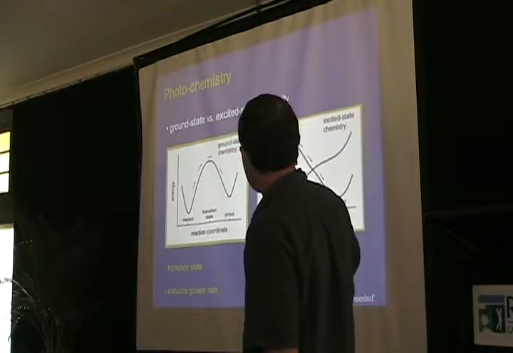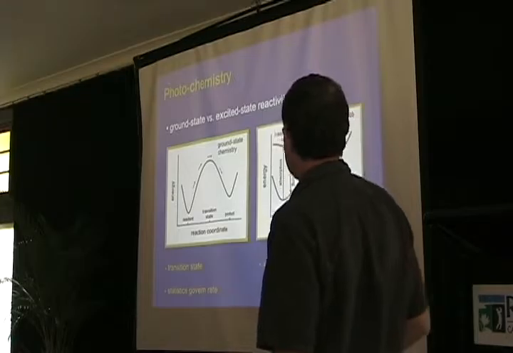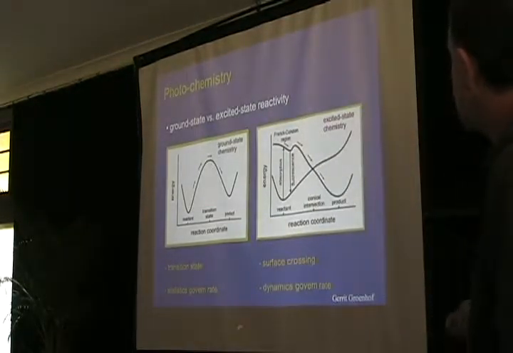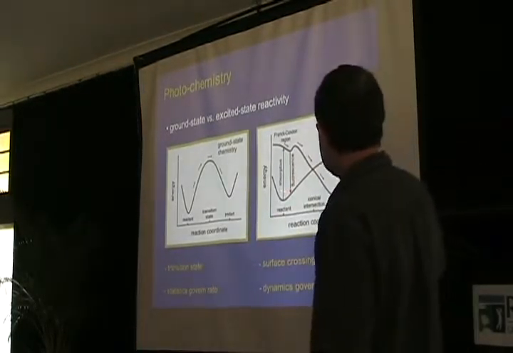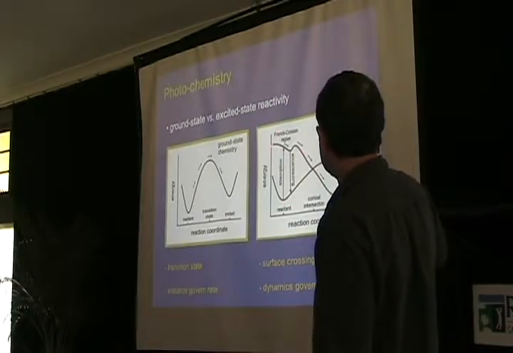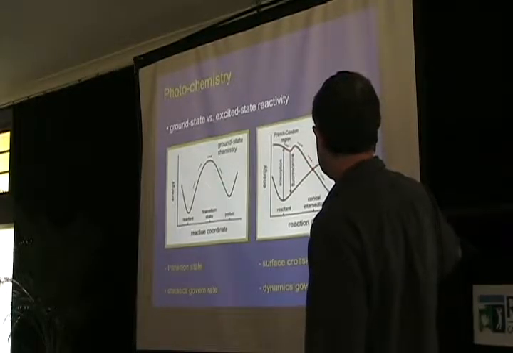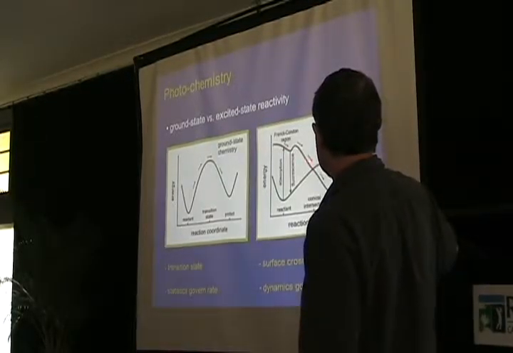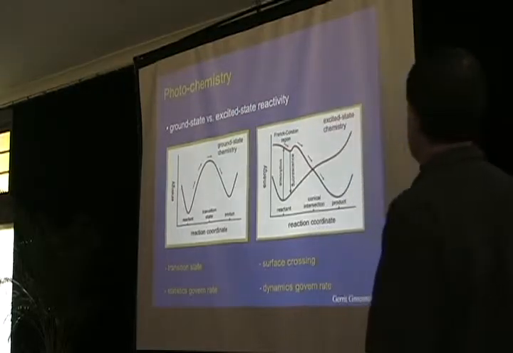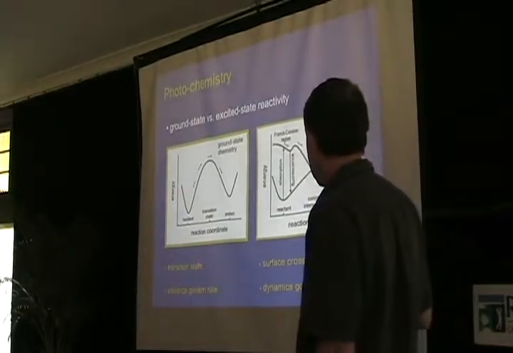So instead of having a barrier between our reactant and our product, in this case our product will sit at a slightly higher energy than our reactant, because this is going to be a photoactivated process. We're going to put it up on some excited state surface. On this surface, the isomerized state could be the lower state. The system will evolve at some point, we'll drop back down to the ground state, and hopefully the system will continue across to product.